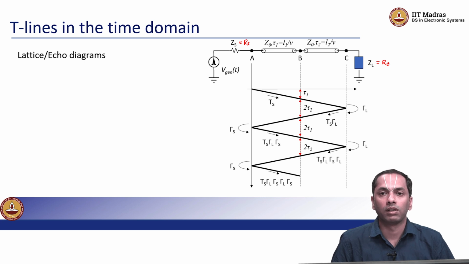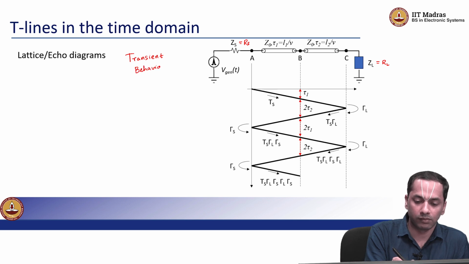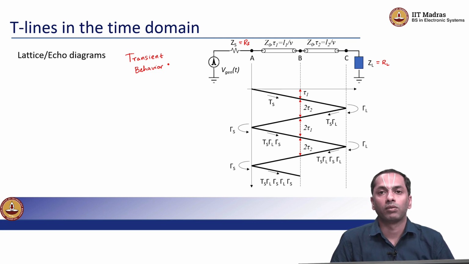Remember that we are looking at something called the transient behavior, right. The voltages and currents are undergoing these changes along the transmission line for some amount of time till we reach a condition called the steady state. At steady state, we do not expect anything to change with time, so we get a certain steady state behavior.